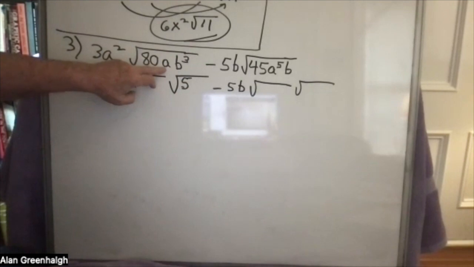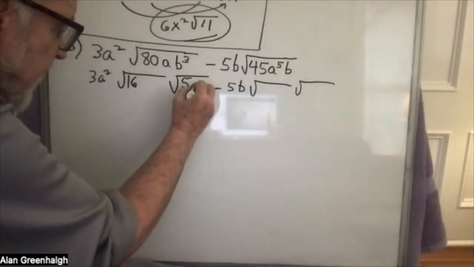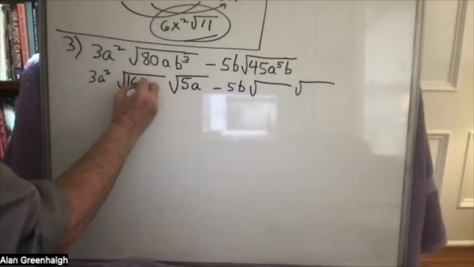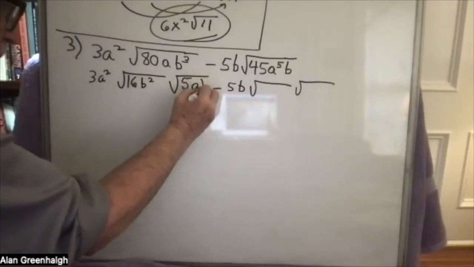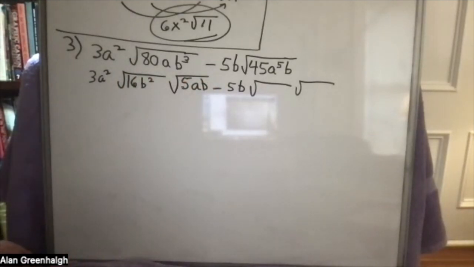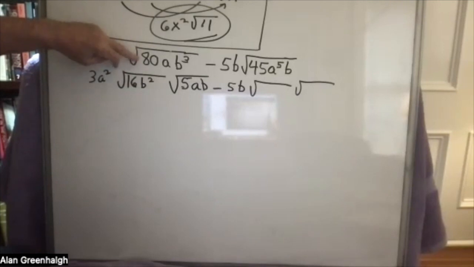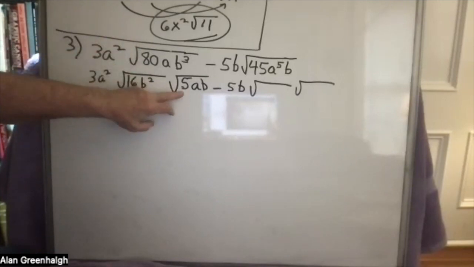Now, there's nothing you can do with that. You need at least an even number out of that. There's nothing you could do, so keep that in there. Here, you could put b to the second, and here you could put b. Okay, so that's how you separate 80ab to the third, the perfect square times the number.